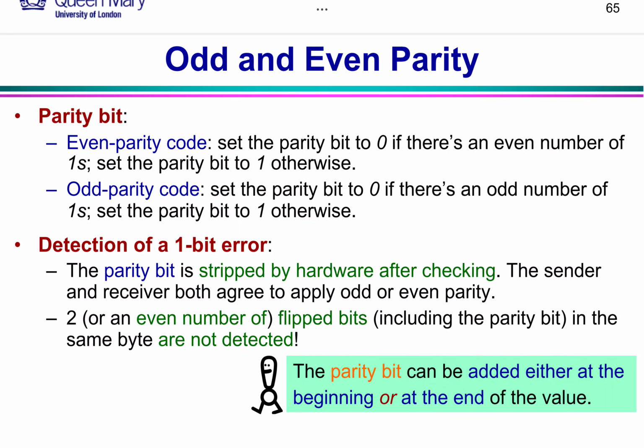Even parity code sets the parity bit to 0 if the number of ones is even, and sets the parity bit to 1 otherwise. Even parity.